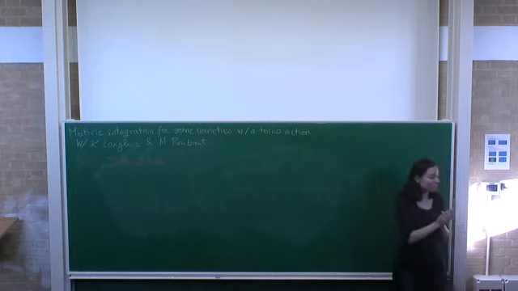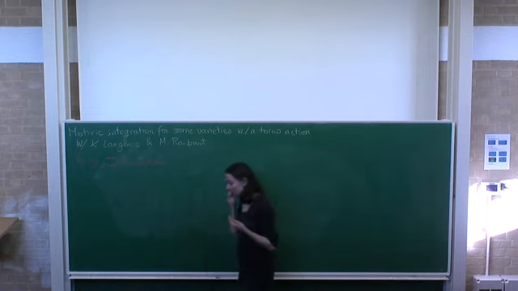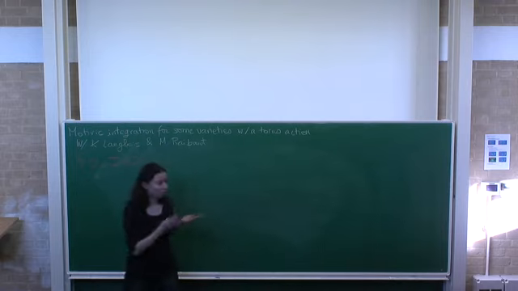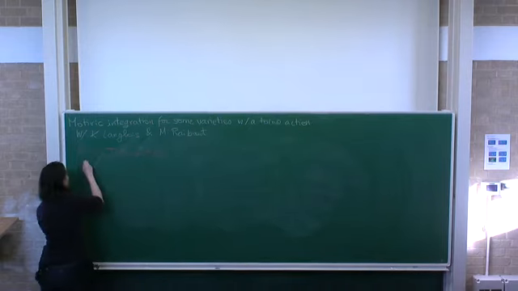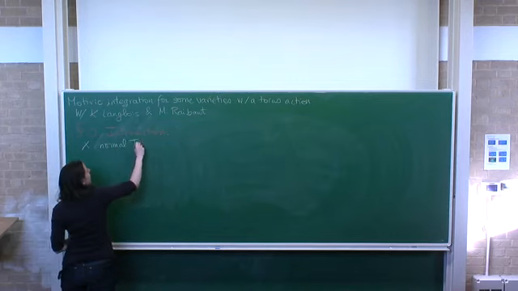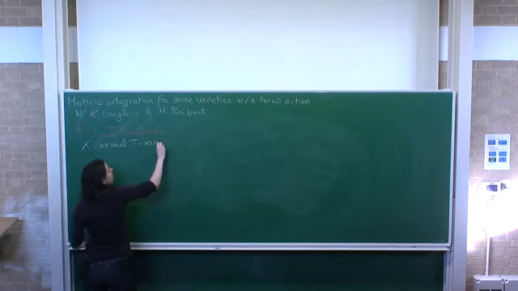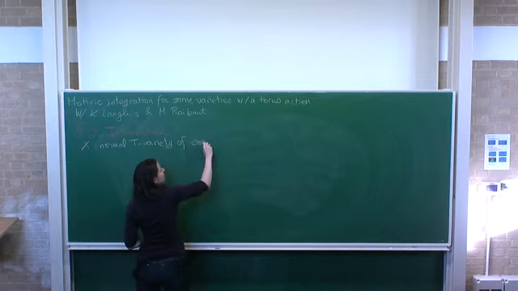These will be T varieties of complexity 1, which means that the minimal codimension of an orbit is 1 and not 0, like it would be for toric varieties. So X is a normal T variety of complexity 1.